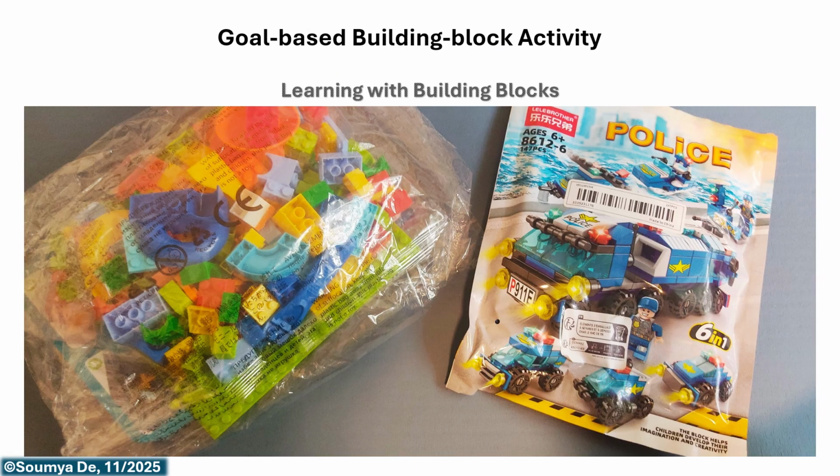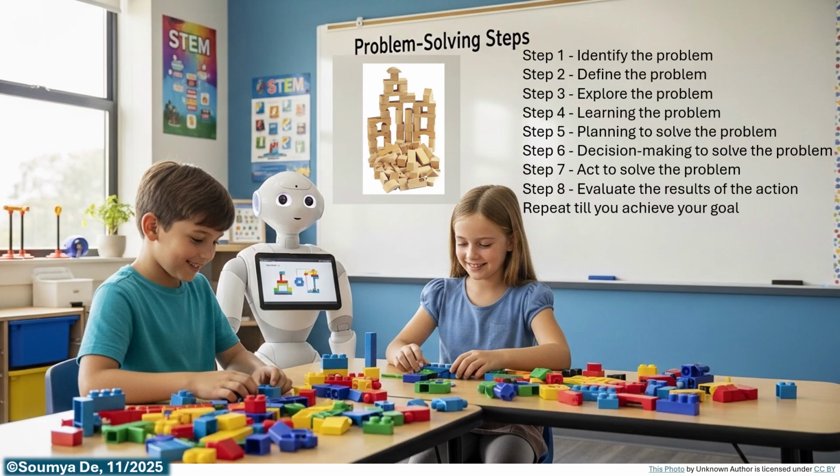So we begin our goal-based building block activity. The intention is to learn about the 8-step problem-solving process using building blocks. Now that we have all the blocks in front of us and the picture of the model to build, let's start.